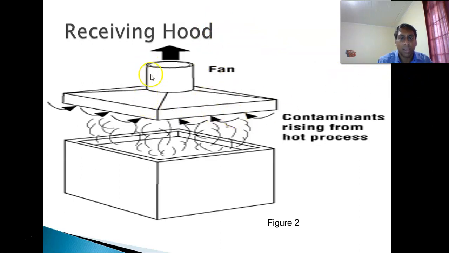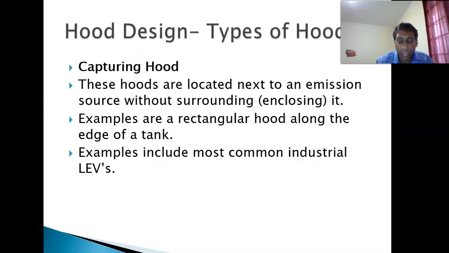Capturing hoods. These hoods are located next to an emission source without surrounding or enclosing it. Examples are a rectangular hood along the edge of a tank. Examples include most common industrial LEVs. So again, just a point of interest here, most LEVs would have this type of hood anyway.